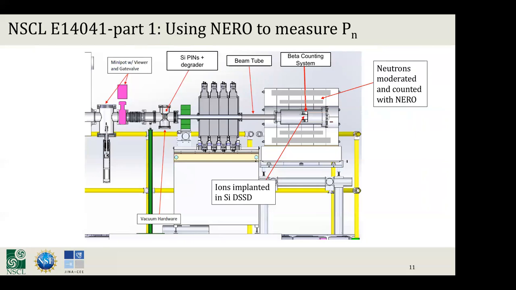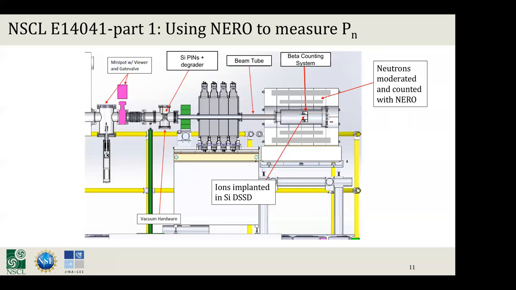So a beam of vanadium-61 particles would implant on the silicon DSSD. It would decay, and if it produced a neutron, the neutron would be emitted. It would moderate in NERO, and eventually be detected either by a helium-3 tube or a boron trifluoride tube that is sitting in the NERO matrix.